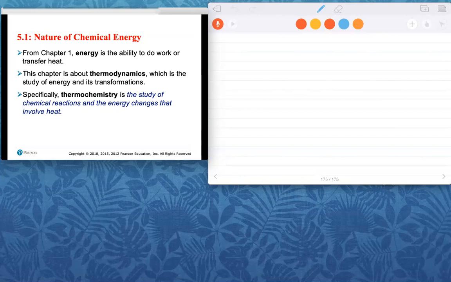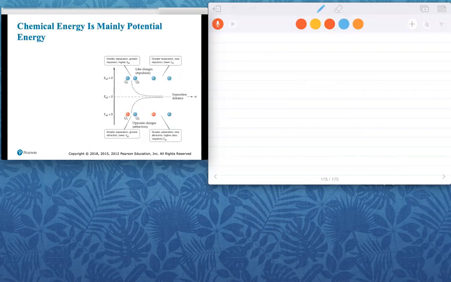In this chapter, we will specifically look at thermochemistry, that is the study of chemical reactions that release energy or absorb energy. When we talk about the heat evolved or heat involved, think about exothermic and endothermic, because that's where we are going. And how do you know that heat is released? It's by measuring the temperature. All right, so we keep that in mind. I don't want to spend time here.